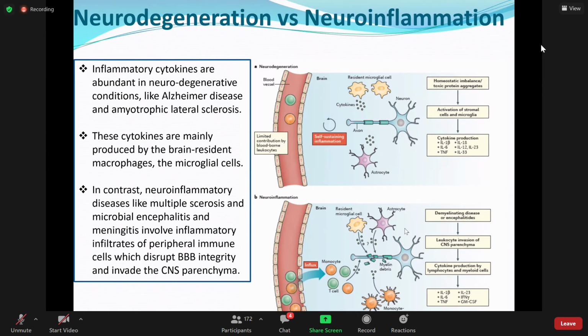And in neuroinflammatory diseases, there's additional immune damage through the added invasion of inflammatory cells from the periphery, which can breach the blood-brain barrier and damage myelin sheaths.